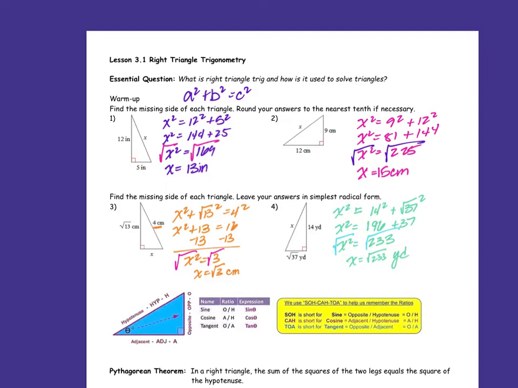Now, I'm going to say this knowing what happened last quarter, so I'm going to put a caveat on it. You should have learned this last year, okay? I know that this was taught at the end of the year last year, so some of you may have learned it, some of you may not have learned the trig.